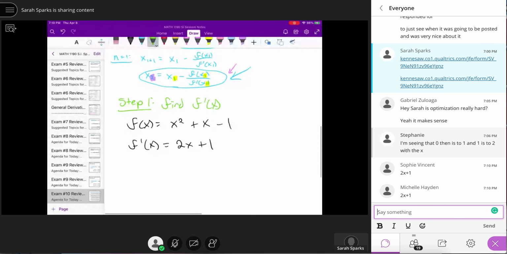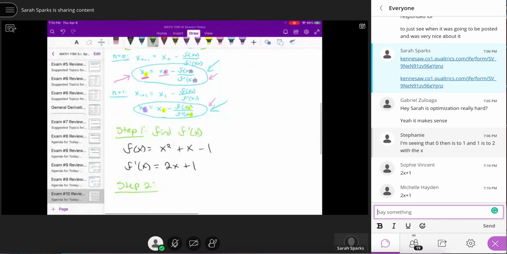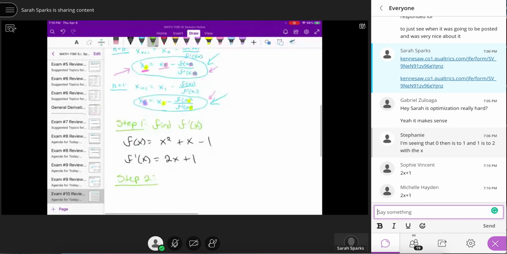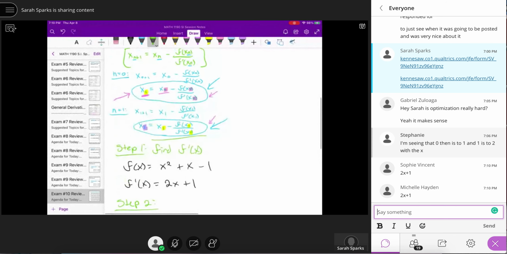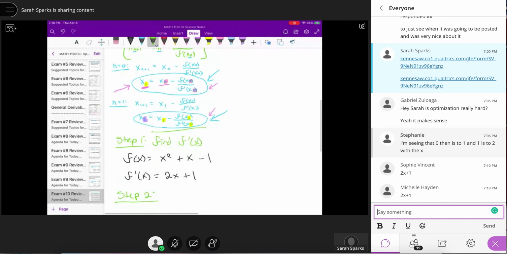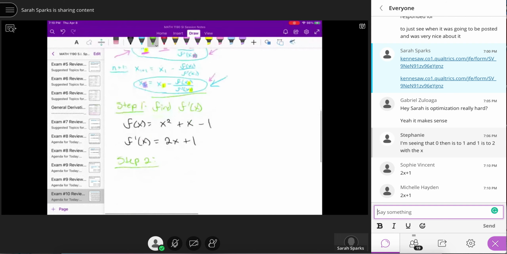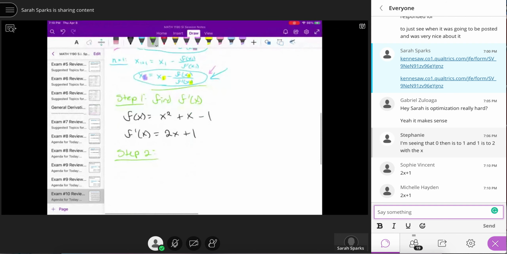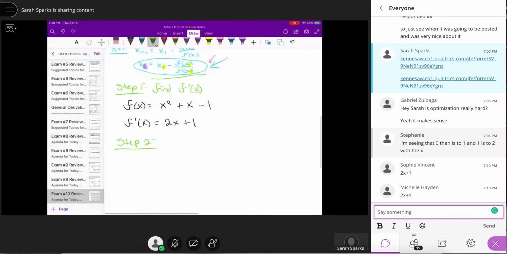And then our step 2 would be to find these formula approximations, but we already talked about how you find them up here, so I'm just going to rewrite them down there. So we have x1 is equal to x naught minus f of x naught over f prime of x naught, and then we have x2 is equal to x1 minus f of x1 over f prime of x1.